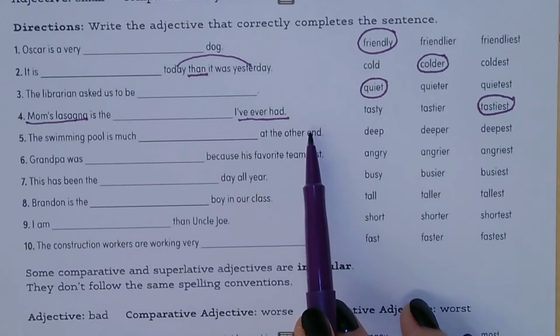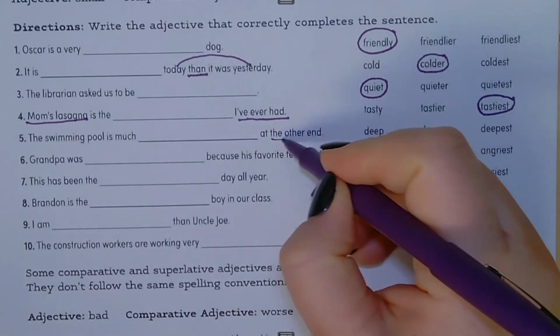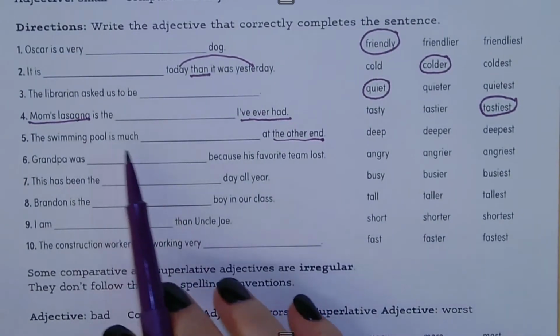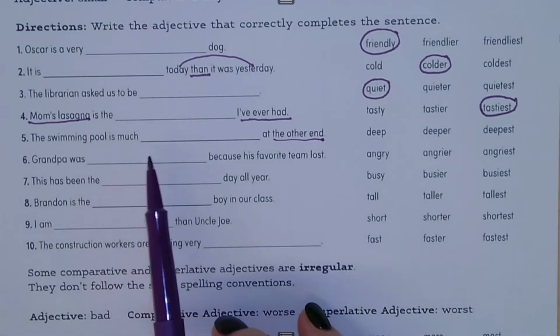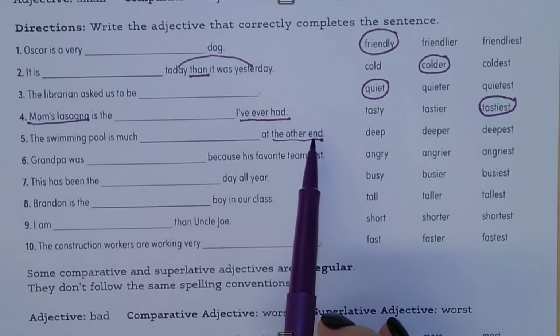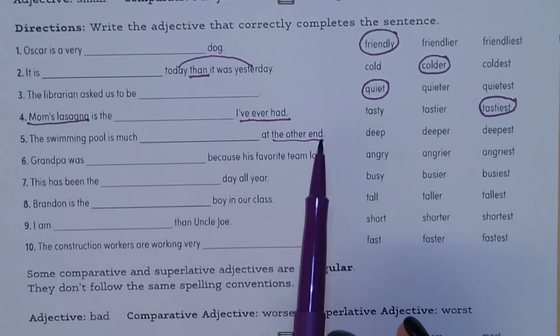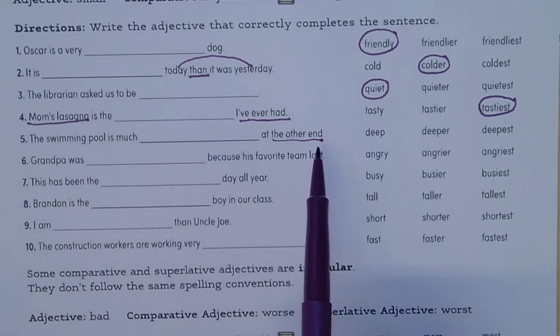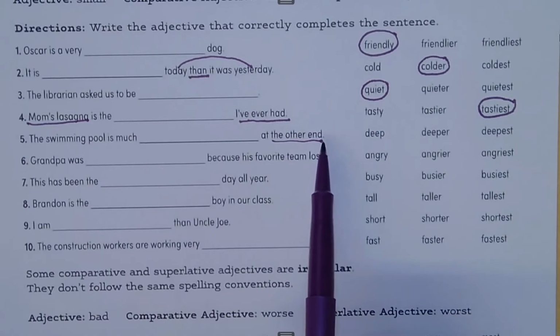What we are doing is we are comparing the other end to the end we're in now. It doesn't state the end we're in now. I know I'm comparing the 2 ends of the swimming pool, but I have to infer that from the information they're giving me. Okay, it's not always going to be word for word.